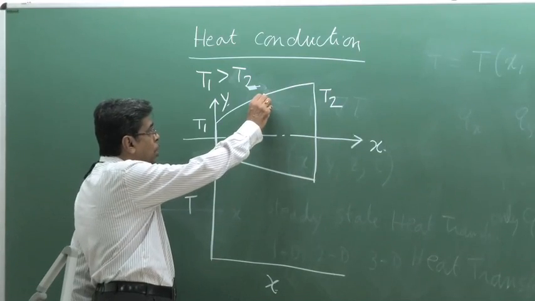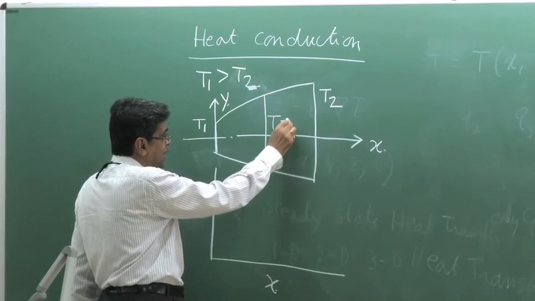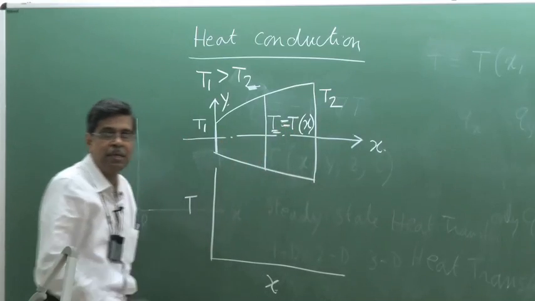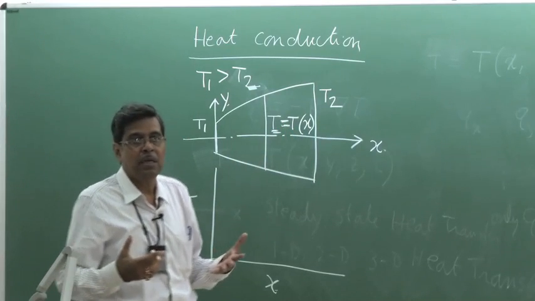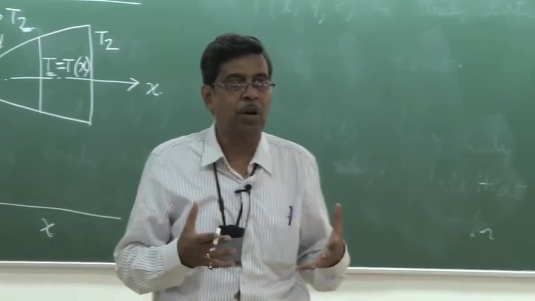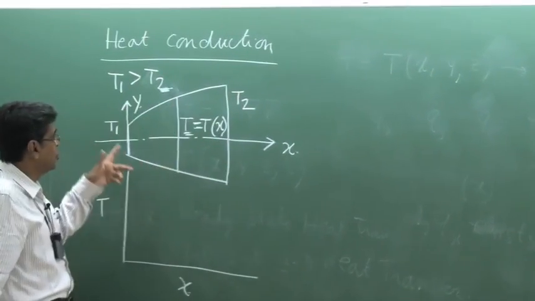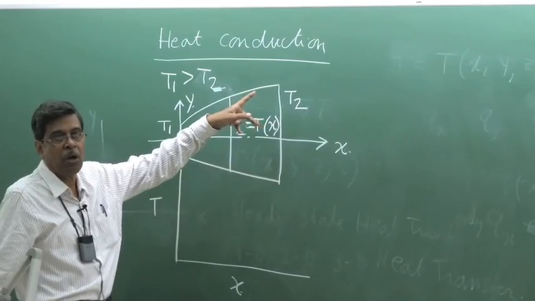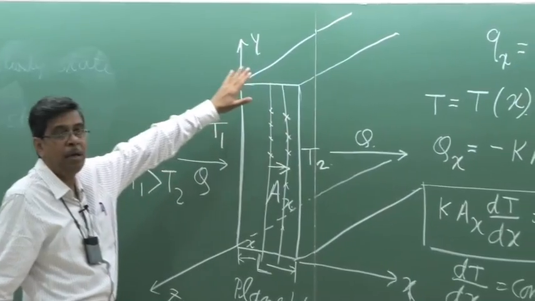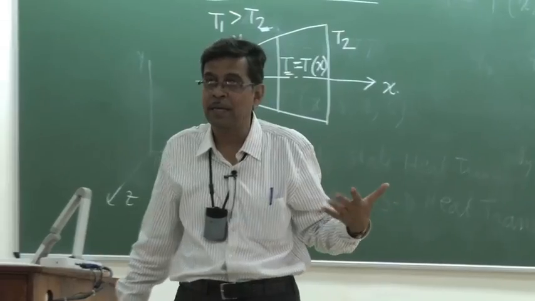So we take a cross-sectional average temperature T as a function of x. That means we visualize a truly two-dimensional heat conduction as one-dimensional, when the variation in the other direction is small. Strictly speaking, one-dimensional heat conduction happens in a plane area flow. This I will connect afterwards, after the derivation of the general heat conduction equation.